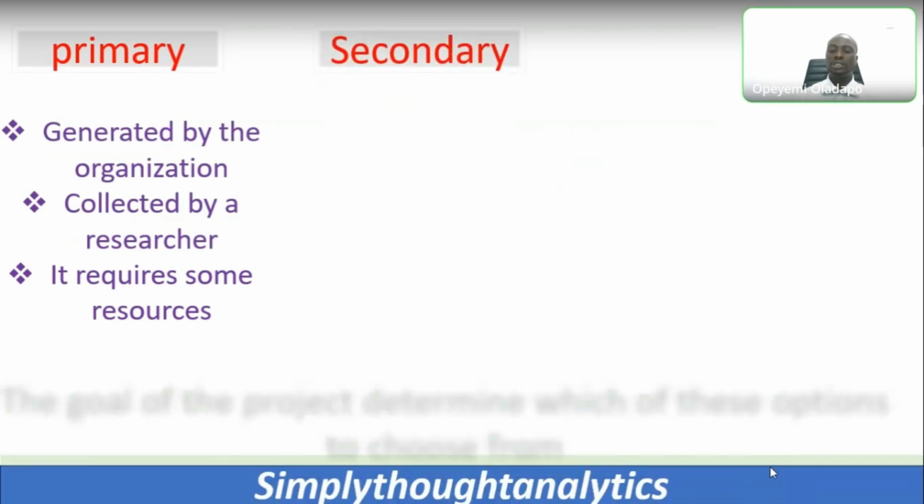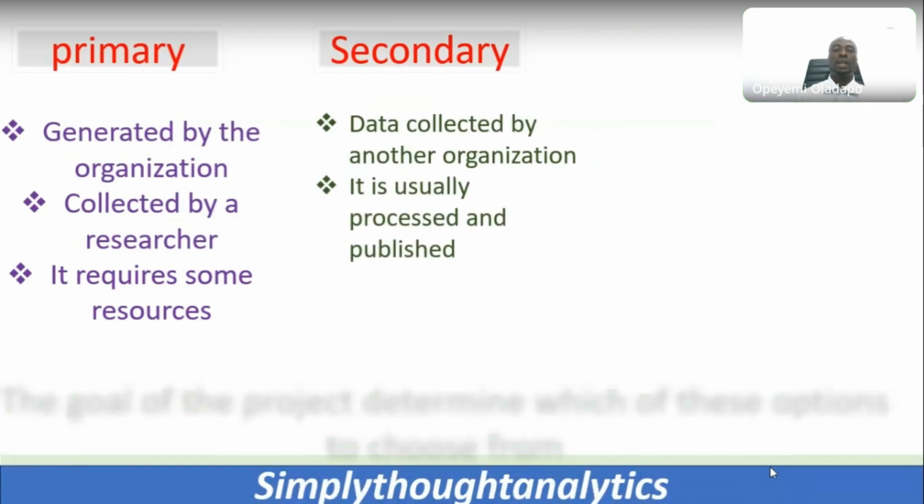Secondary data source is when data is collected by another organization, another institution, another body that is external to the user. It is usually processed data, and it is usually published data, and it requires fewer resources because you do not need to collect the data by yourself, you just need to access it.